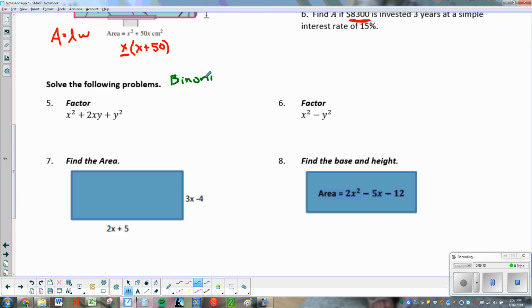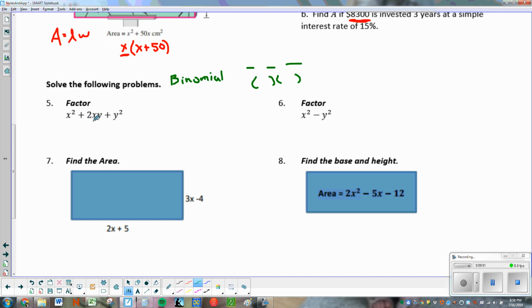So this is binomial factoring, meaning I want to turn 3 things into my 2 sets of parentheses. And the first one, I know it looks a little bit difficult, but I think we can figure it out.